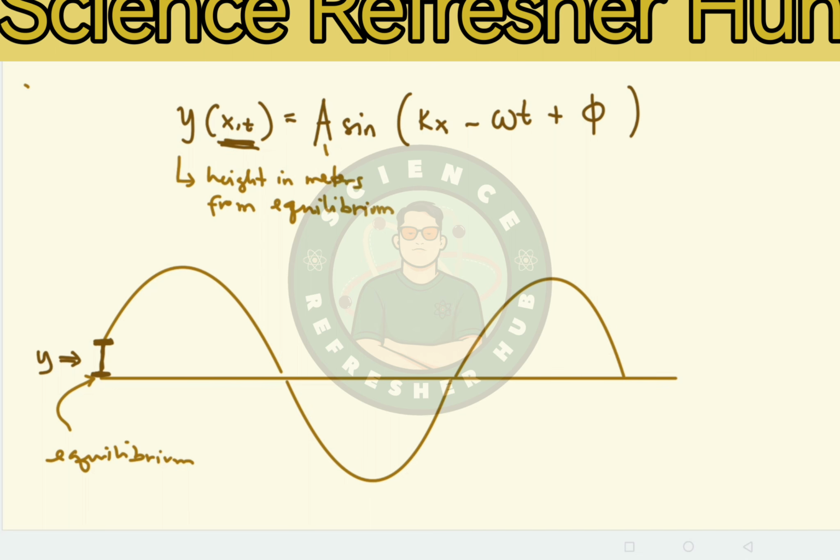Now we have A. A is the amplitude of the wave. As we know, amplitude is like the height of the wave. Let's say, for example, from the equilibrium to that peak, right? It must be the same amplitude as it goes up and down, but my drawing isn't giving that kind of impression.